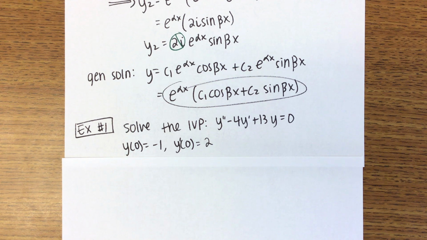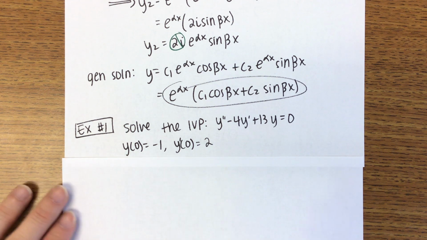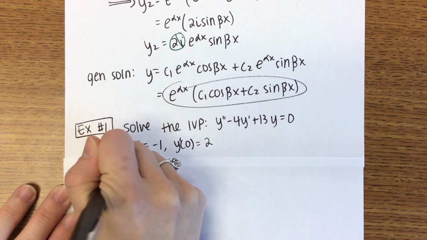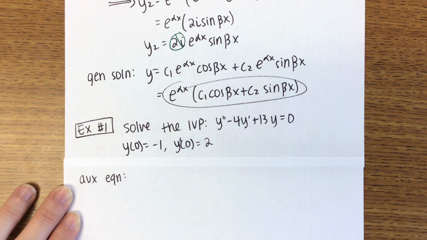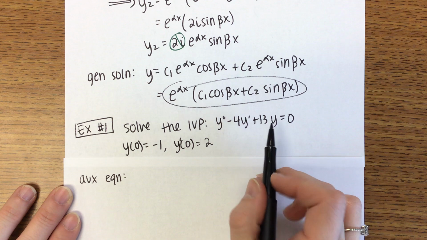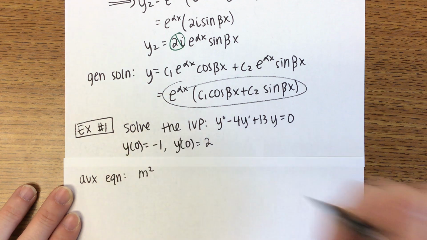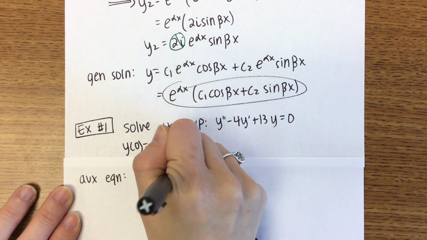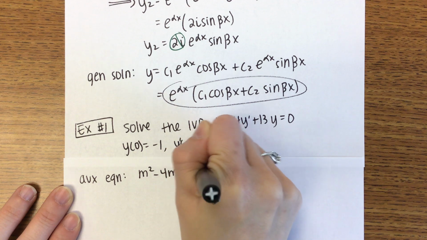So first thing that we're going to have to do is solve the auxiliary equation. It's based off of this. So it'll be m squared, subtract 4m, plus 13 equals 0.